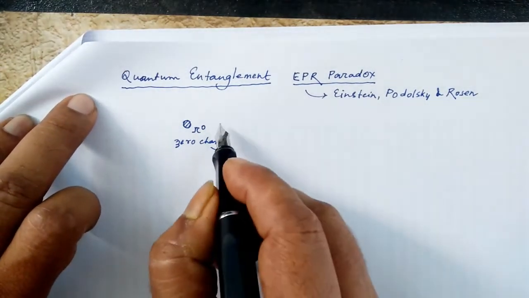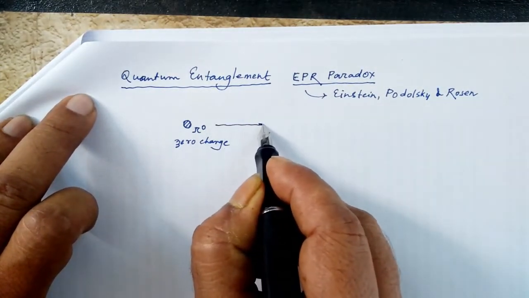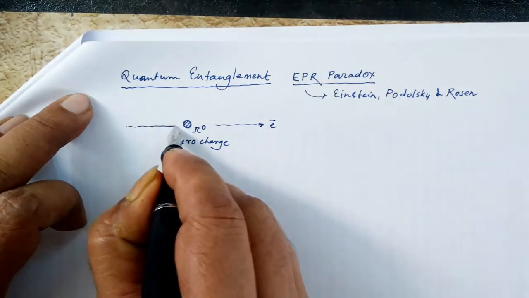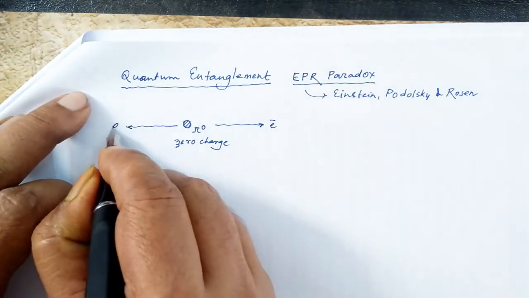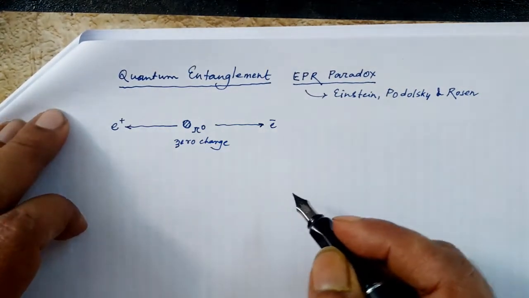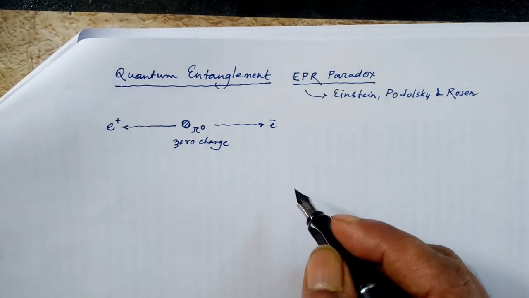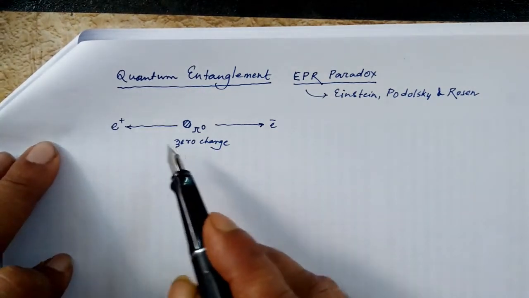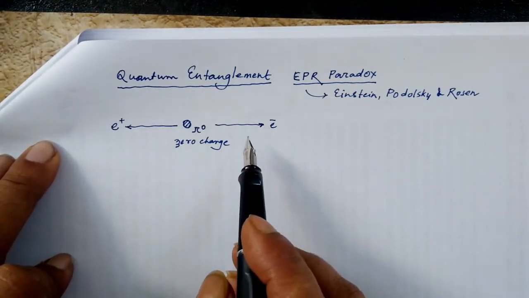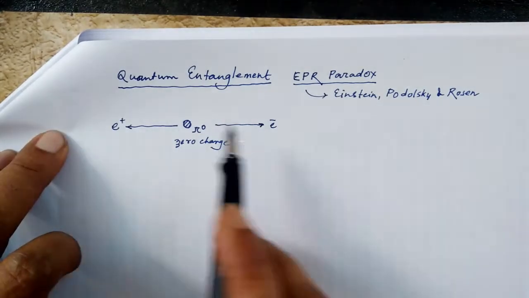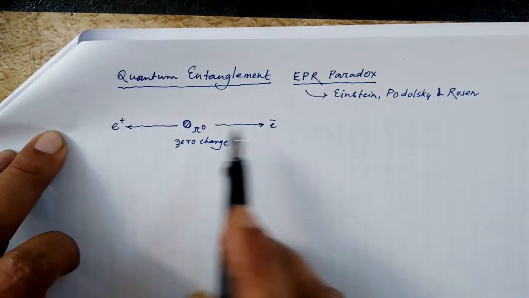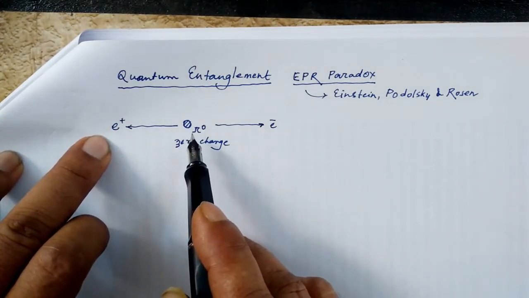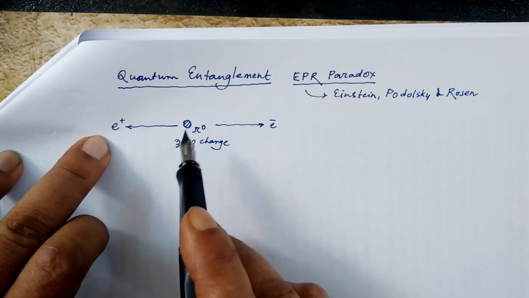So this disintegrates into an electron and a positron, and both of these have spin half. Now angular momentum is conserved in this decay, so the two spin half particles must together combine to form a spin zero state.